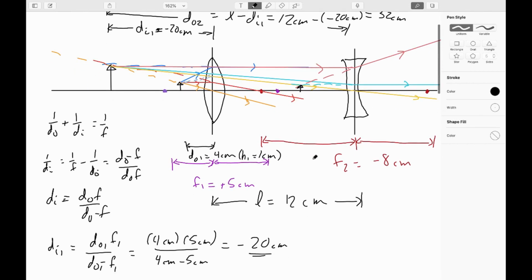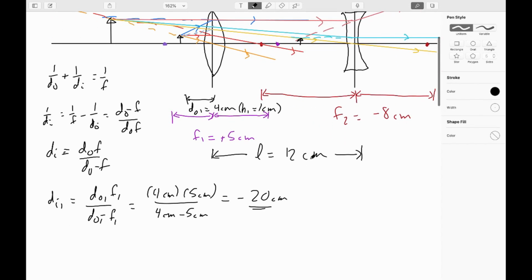Now, the beauty of doing this symbolically here is that to locate the second image, we can just plain recycle the result. So now I just change all my 1 subscripts to 2's, and I'm done. This is literally the same thing. So we put in our new values.